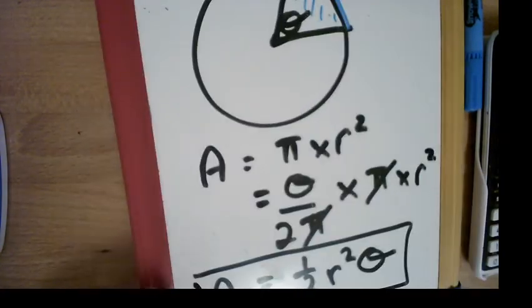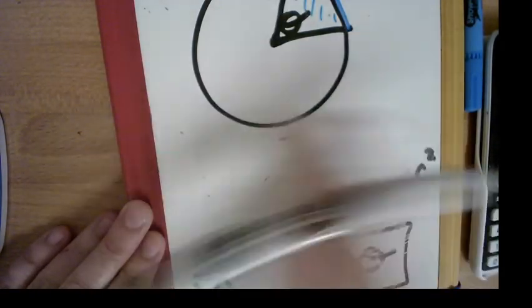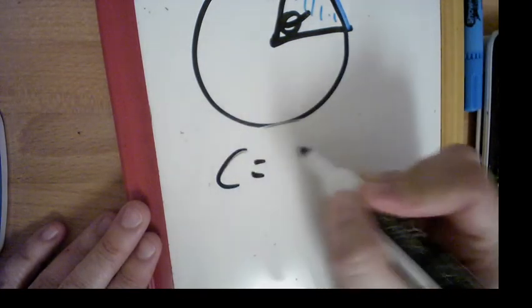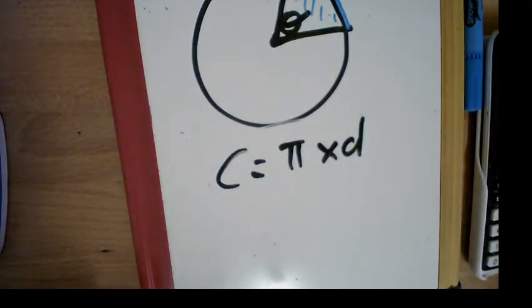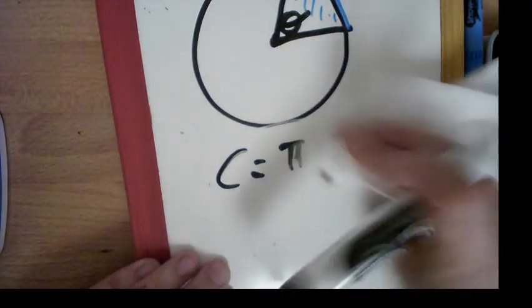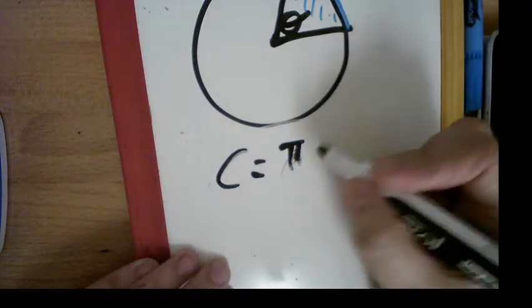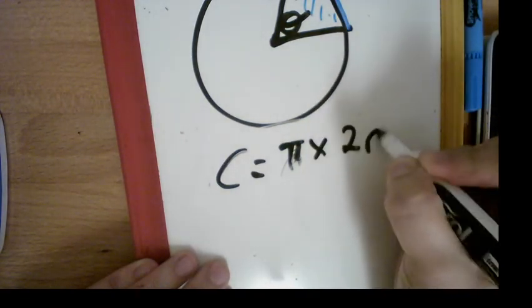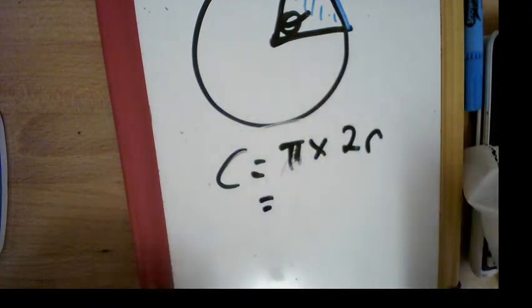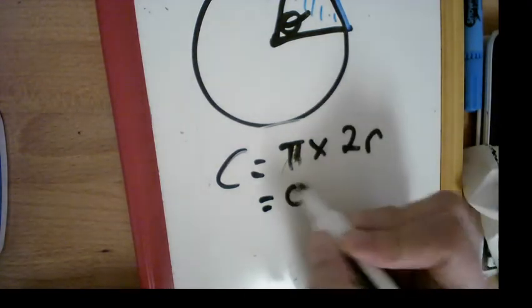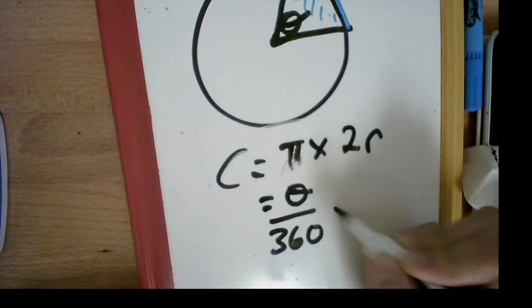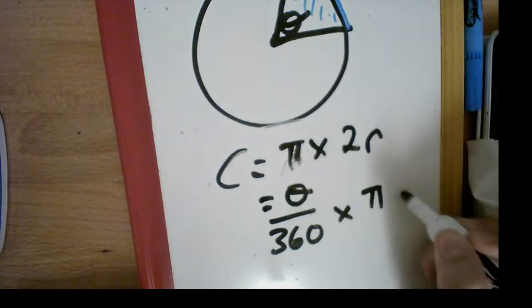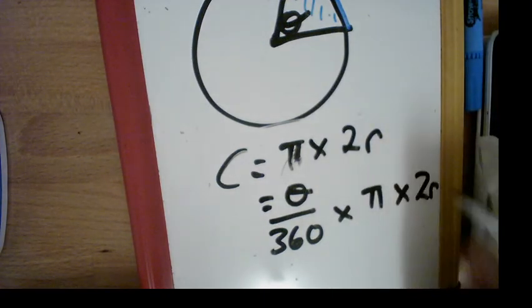Okay? Then, length of an arc. Well, an arc forms part of the circumference. So if you remember rightly, circumference is pi times diameter. Now, pi times diameter is not very useful. So instead of diameter, we're going to use 2 radii. Once again, we'd have the angle out of 360 times by pi times by 2r.